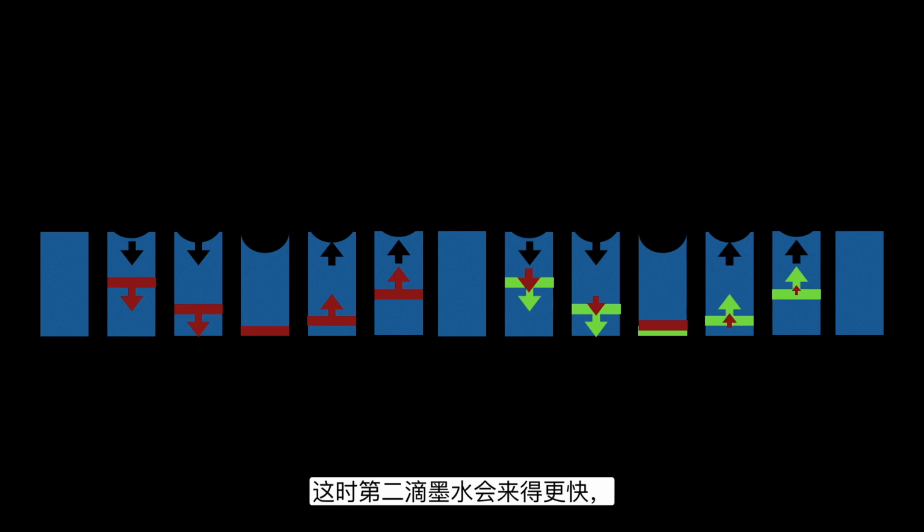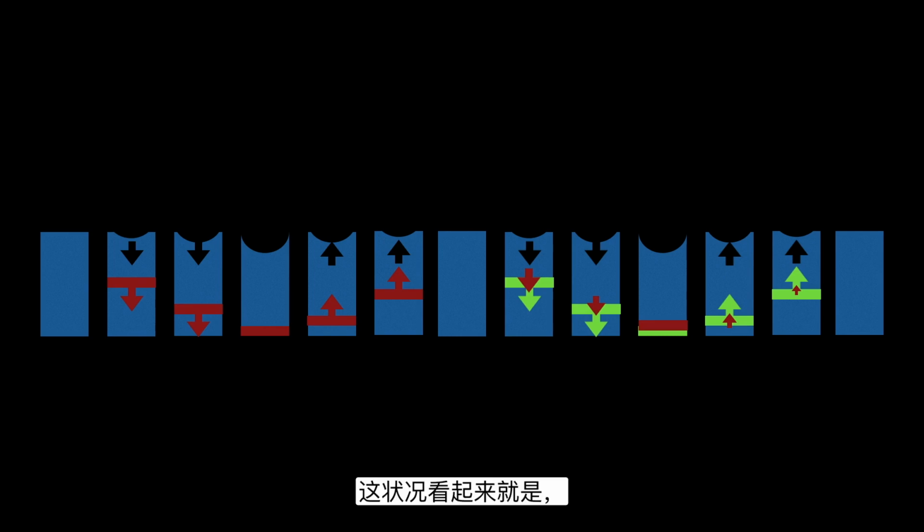This second drop is coming much faster because we're at a higher frequency, and maybe the movement of the first drop has not completely settled yet. What happens is we've got this drop, the ink is still moving, and we've added another pulse to it. So now it has even more momentum than what it originally did.